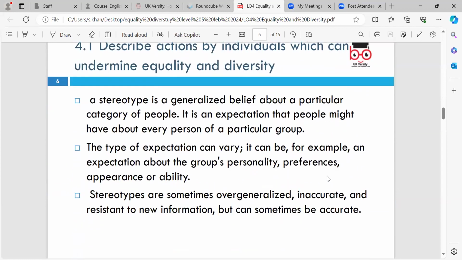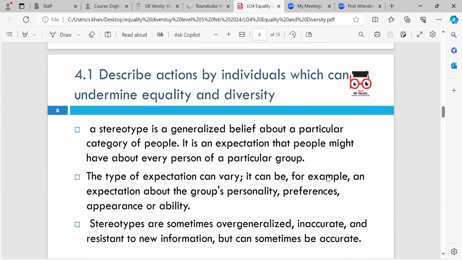Yes, absolutely. A stereotype is another one, where you are generalizing a group of people, so it might be assuming something of every person of a particular group. For example, an expectation of a group's personality, preferences or abilities. For example, boys are naughty. That's quite a big stereotype, and girls are weak.